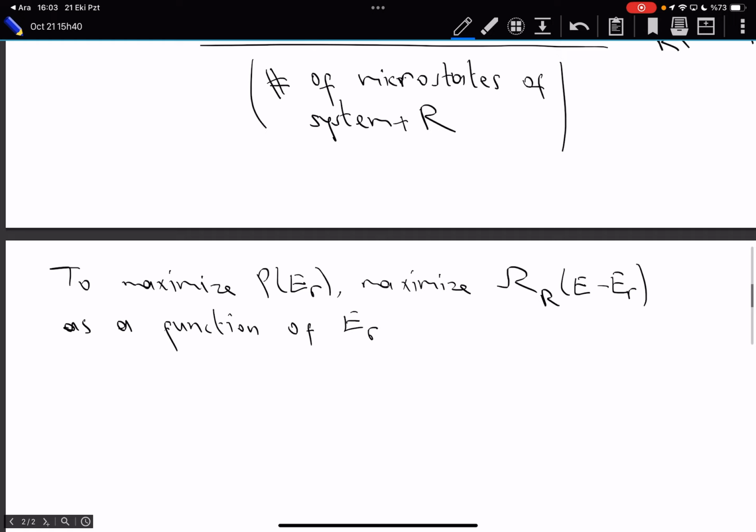Now it will be a highly peaked function. So instead of maximizing omega R directly, we can also maximize its logarithm, because the number of microstates will be huge, and taking the logarithm gives us a more reasonable number.